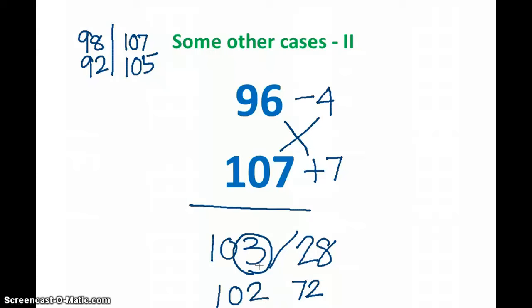Let's see it again. I know this will be a little confusing, but let's see it again. First, 96 is 4 less than 100. Then 107 is 7 more than 100. We multiplied 7 into 4, which gave me 28. Then we did either 96 plus 7, which gives 103, or 107 minus 4, which also gives 103.